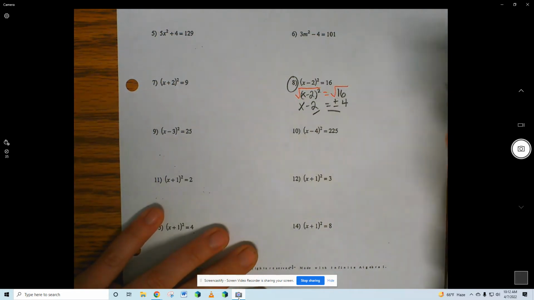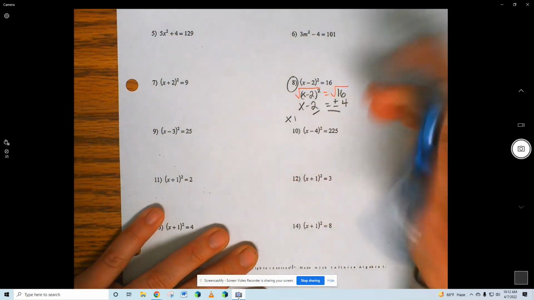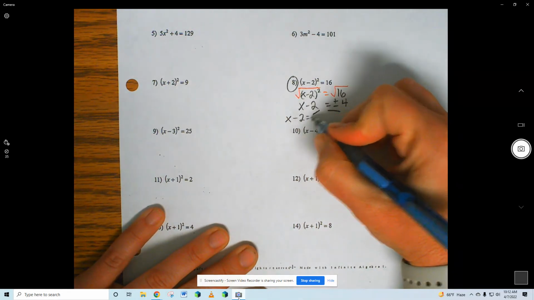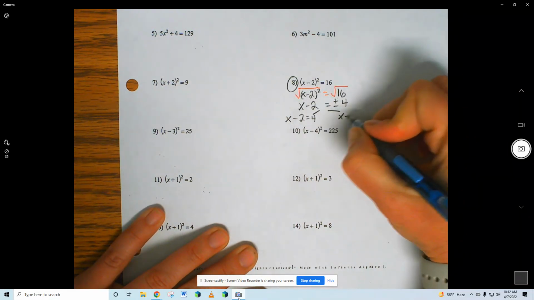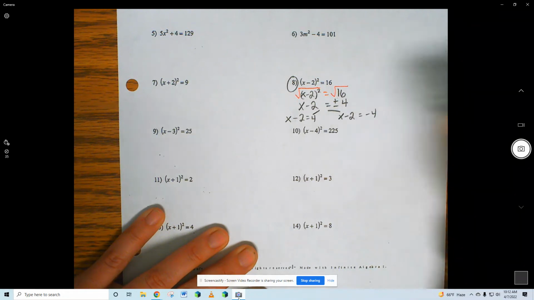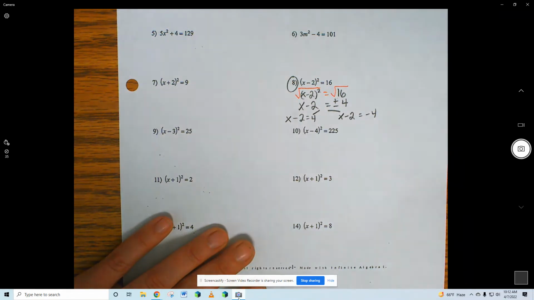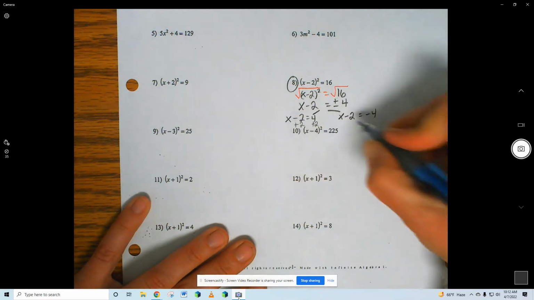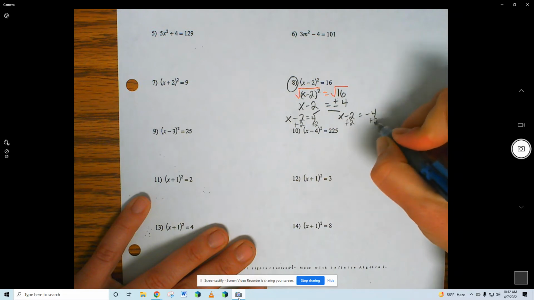Get 2 answers. X minus 2 equals positive 4. And x minus 2 equals negative 4. I obviously write too big because you're going to add 2 to every side.